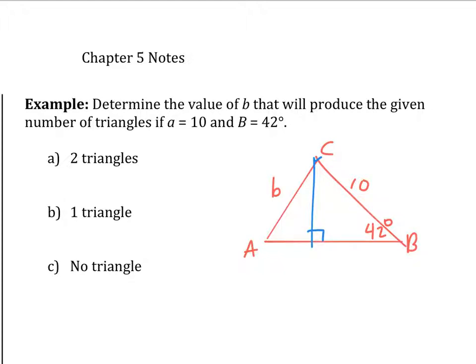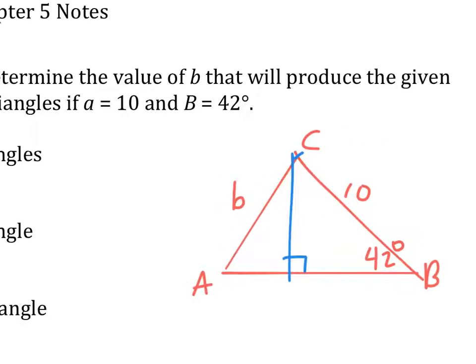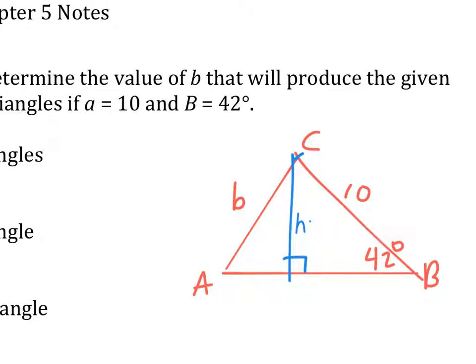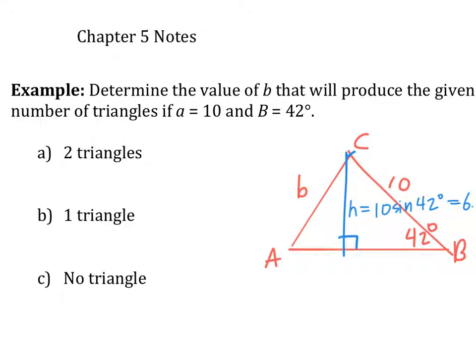No matter what you do, it really depends on the altitude. The altitude is going to be 10 sine 42, so that is 6.69. How are we going to create two triangles?